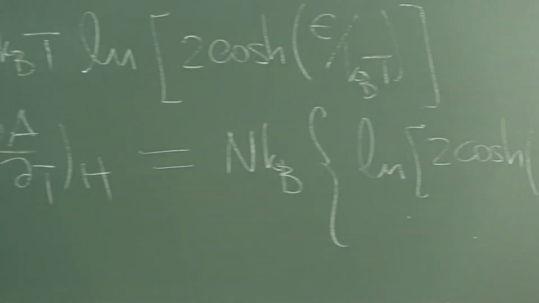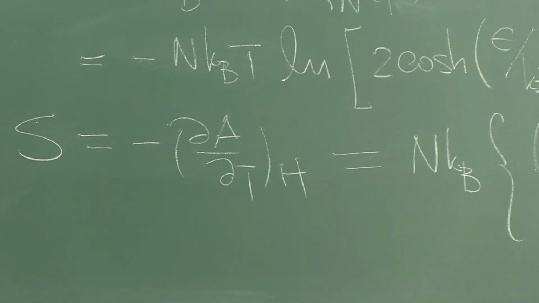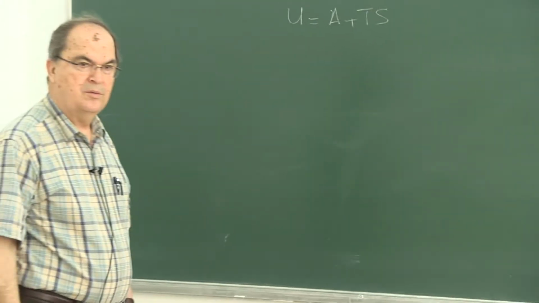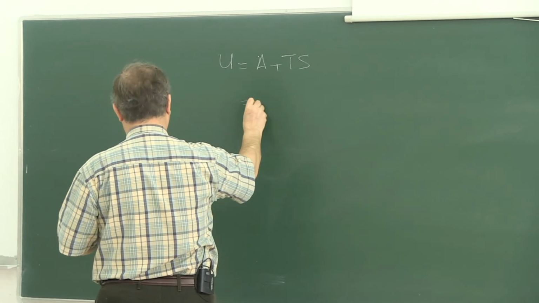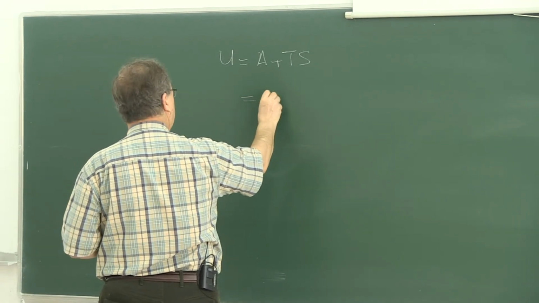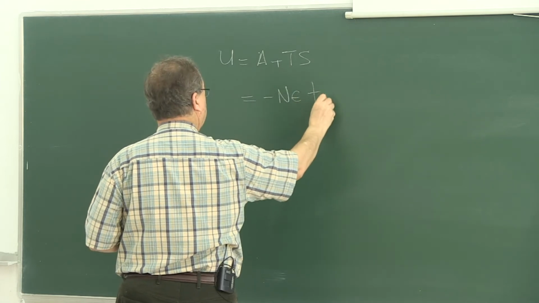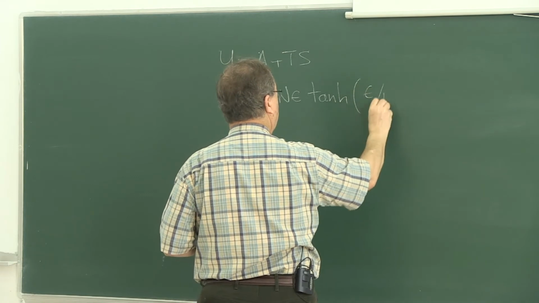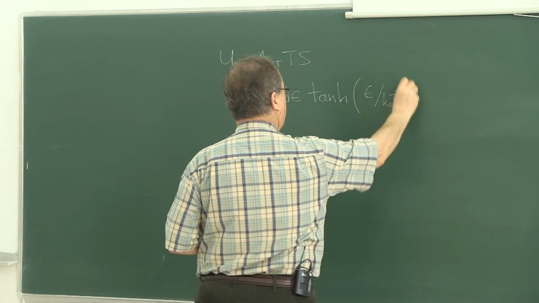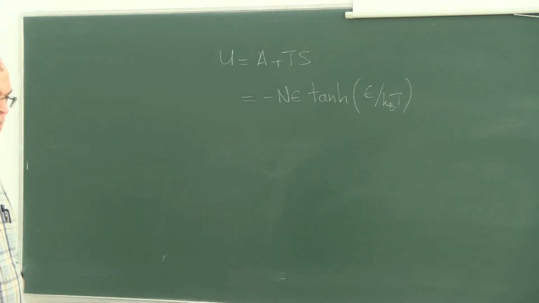Energy, by definition, is A plus TS, and we know both A and S, so it is straightforward to write minus N epsilon tanh(epsilon over kBT). See, we have all the quantities as a function of temperature.